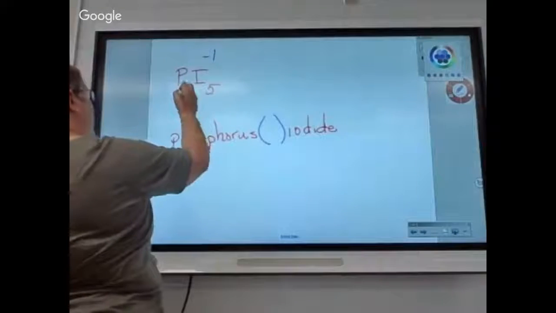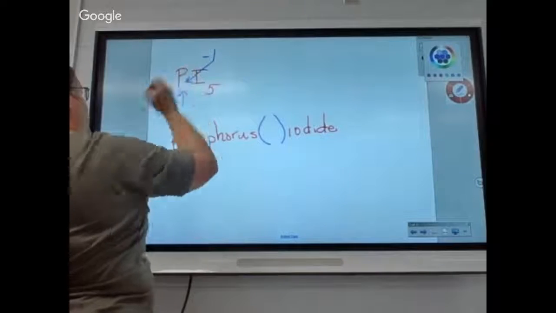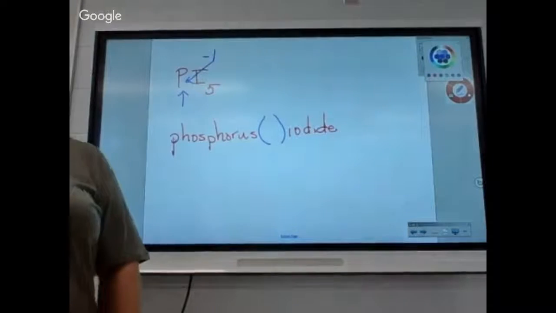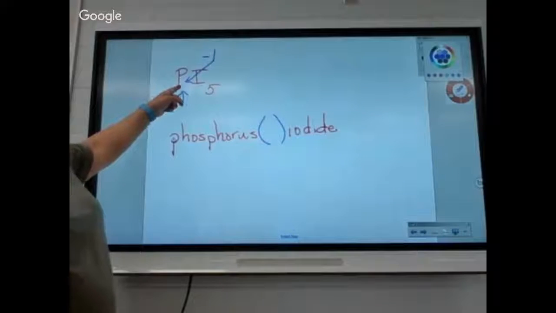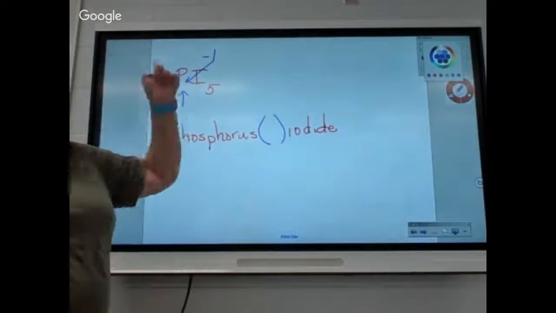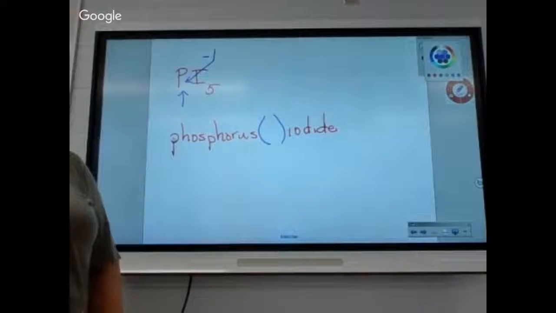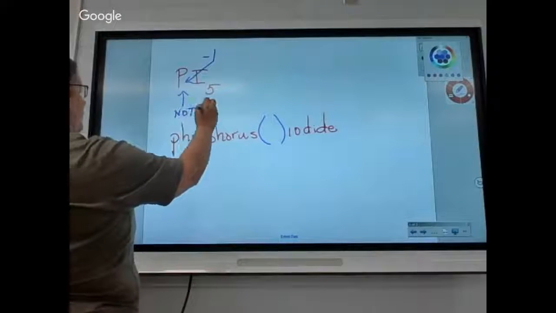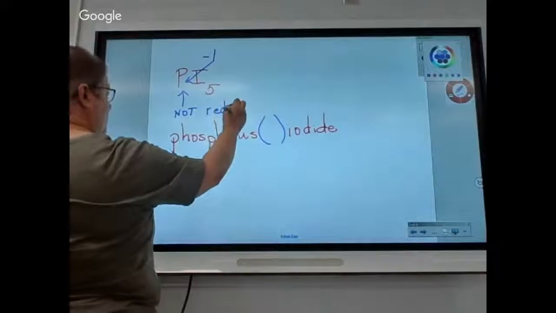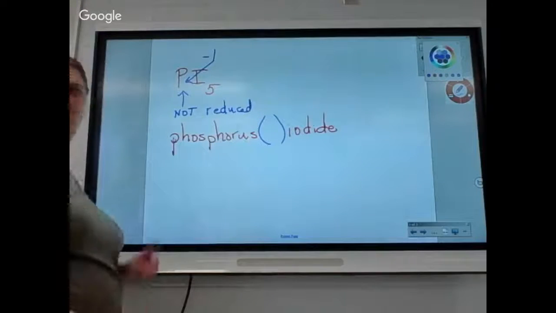So when you look right here, what number does it have right there? It is a 1 there, and there's a 1 there. So was it reduced this time? No. This time it is not reduced.